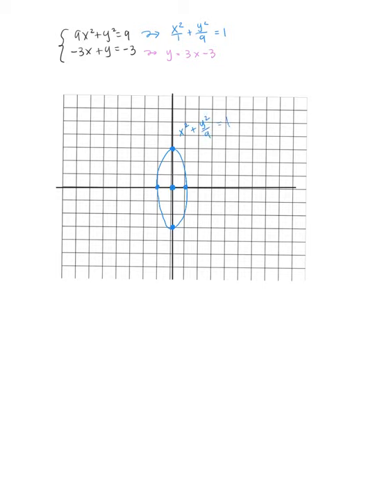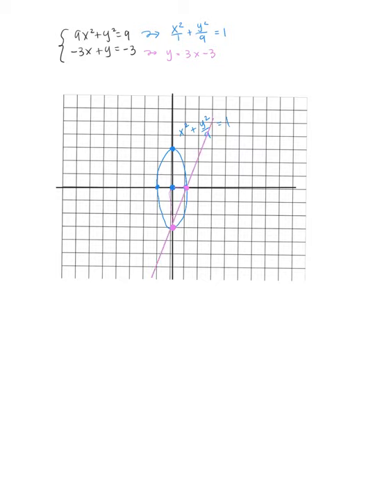Now let's graph the linear equation. In this case, we have a y-intercept at negative 3, and then the slope is 3 over 1. So I'm going to go 3 units up and over 1, and connect those two dots to draw the straight line.